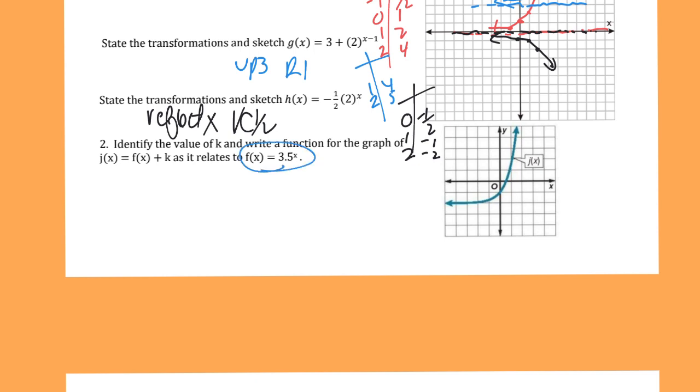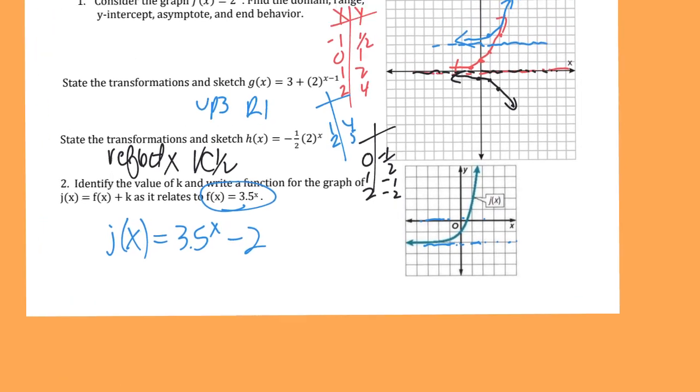Well, normally it's on the x-axis, but notice where it's landing. It's landing at negative 2. So really that's what it is. It's going to be j of x is 3.5 to the x and then minus 2. So it's down 2. Interesting, that you can just say, hey, it is down 2.